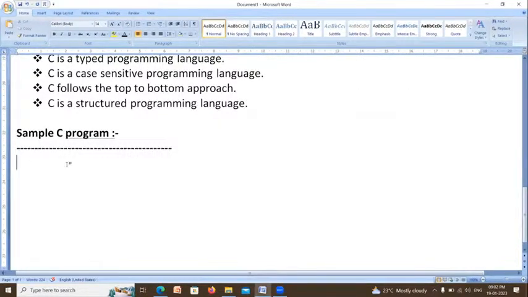Okay, good. Now, how to write a sample C program? Whenever you are going to write a program, first line you have to write hash include stdio.h. After that, we have to write void main.